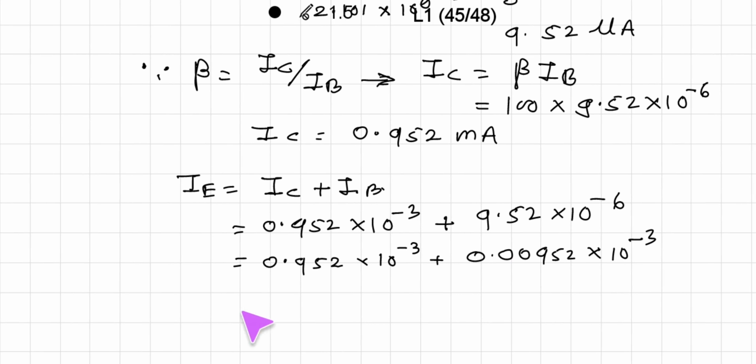This way we get the emitter current IE equal to 0.96152 milliampere. So this way we got IE, IB and IC.